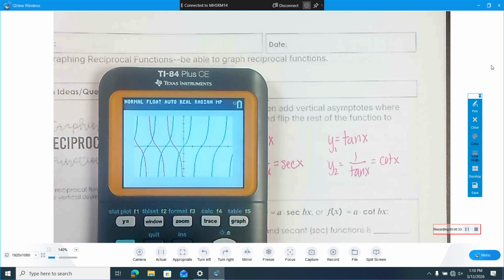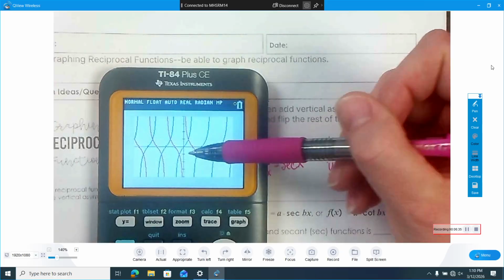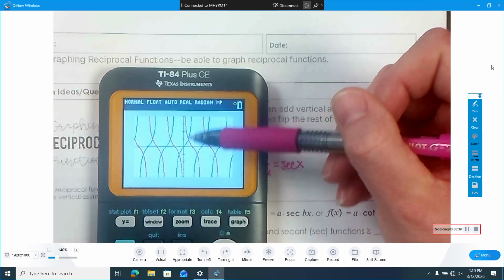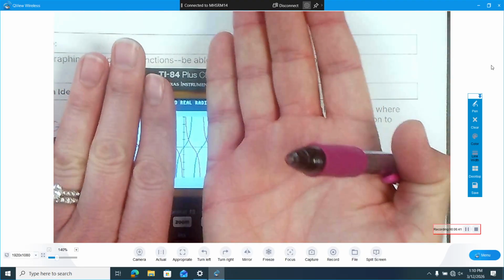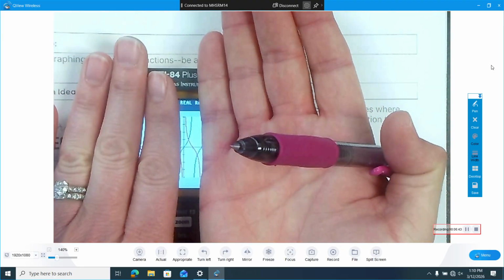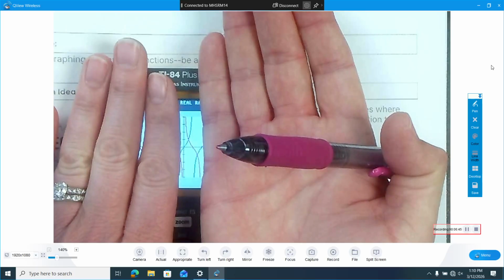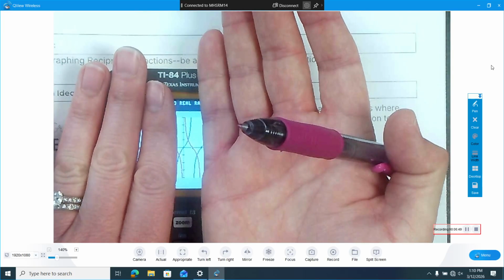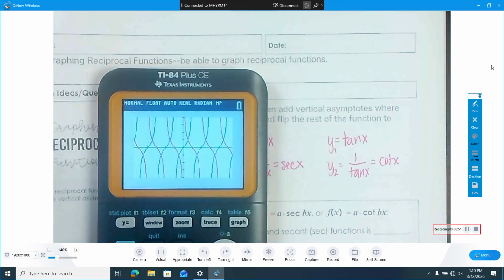Cotangent here is in red, and you'll notice it didn't just reflect. Cotangent slid over, didn't it? So cotangent has vertical asymptotes at 0 and pi. It's actually shifted a little bit, okay?